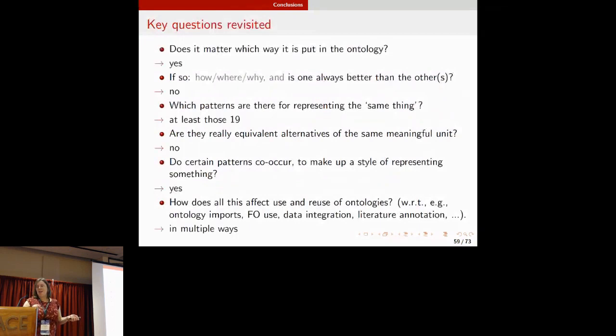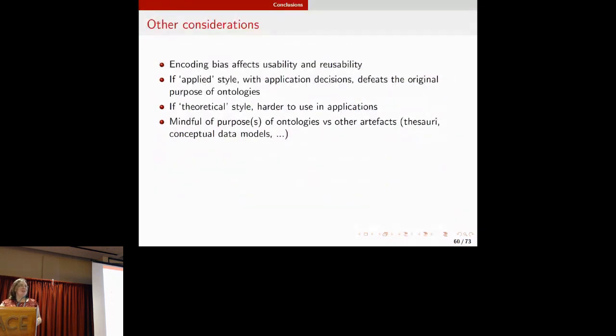I have those key questions answered here that we started off with. But what I think may be more interesting to close off with is certain considerations of what is interesting for discussion on this issue. Those encoding biases, as mentioned, affect usability and reusability.